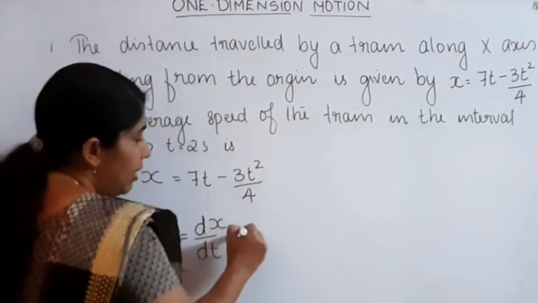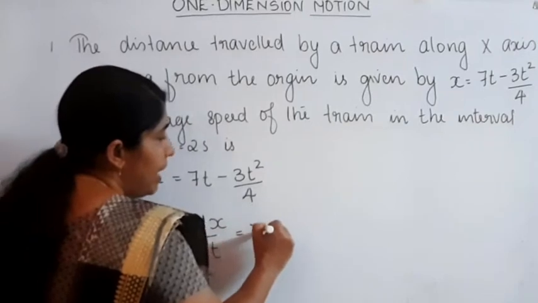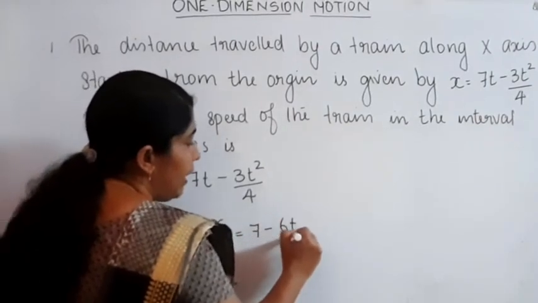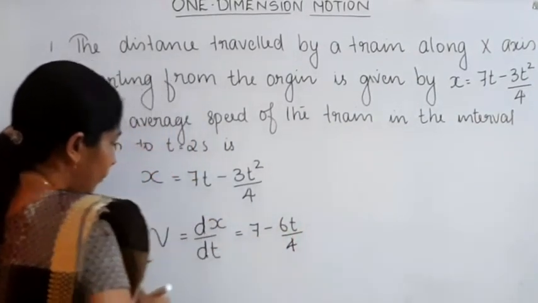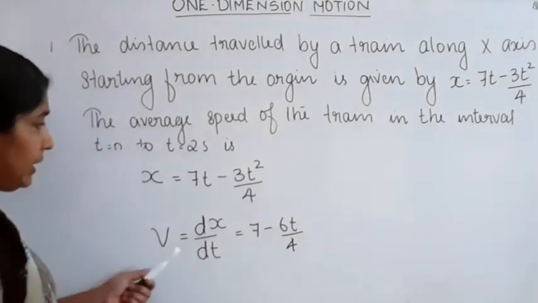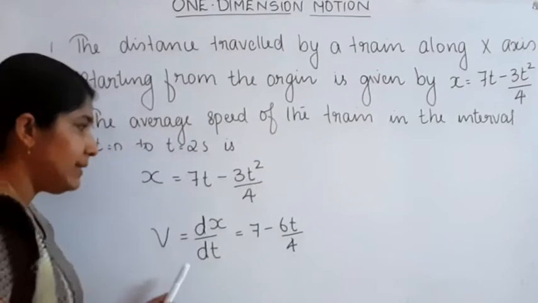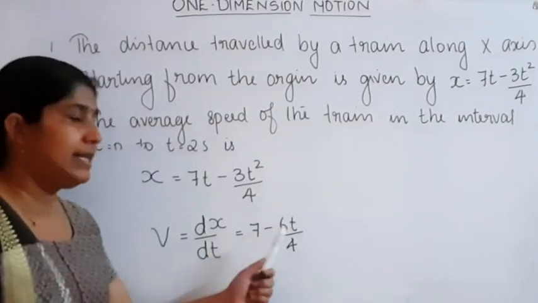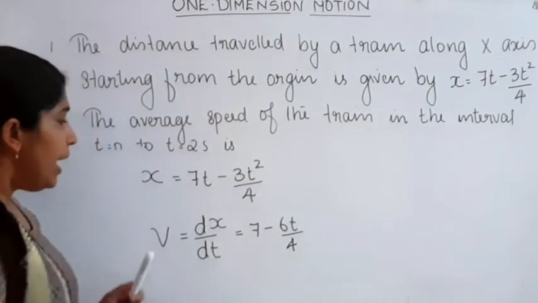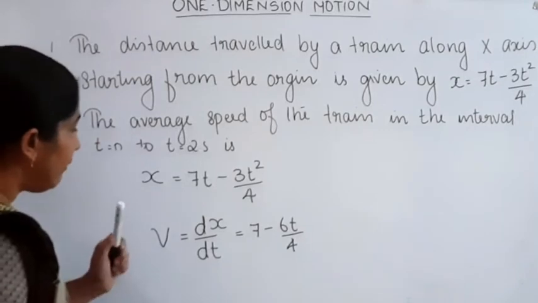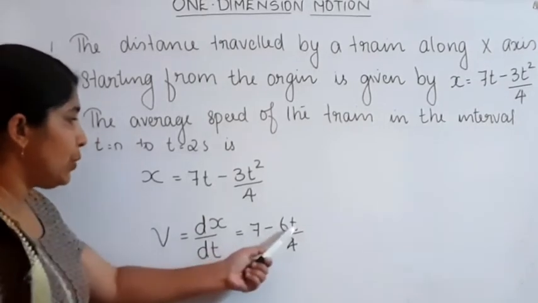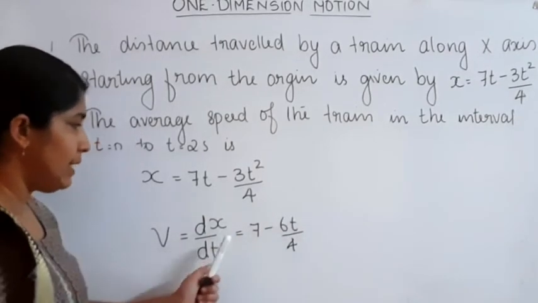And that derivative becomes equal to 7 minus 6t divided by 4. We all know how to find the derivative. Therefore, velocity or speed v is equal to 7 minus 6t divided by 4. Now we put the values of time t is equal to 0 and t is equal to 2 in this equation.